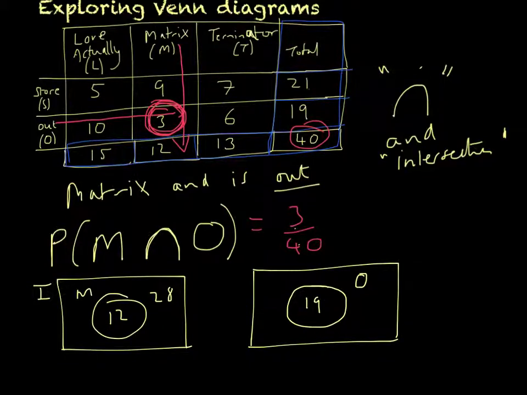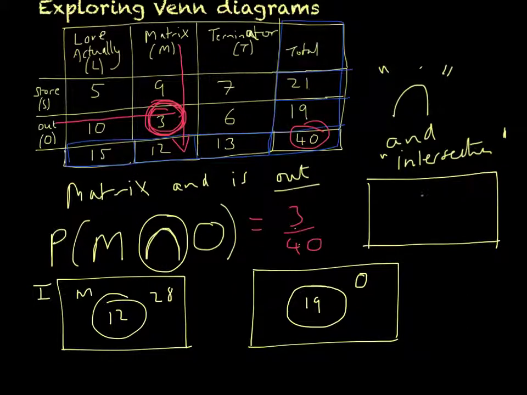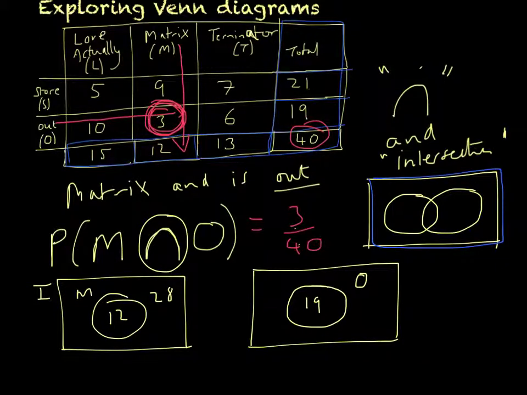So when we're using this intersection notation here, it's like placing the two Venn diagrams on top of each other. So actually it looks like this one in blue. I've got my Matrix here, this is the whole inventory, and I've got my out here, and where these two collide is where I'll shade in blue, and this is our intersection section.